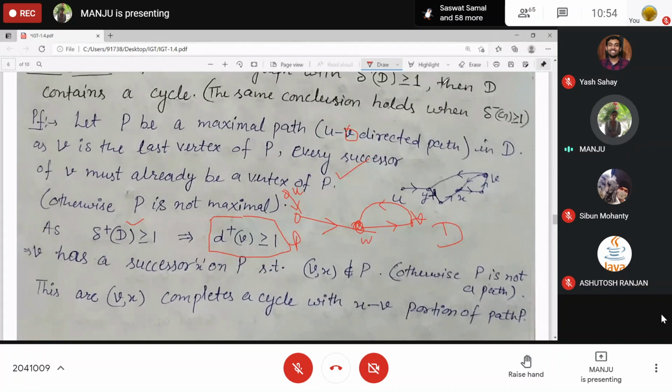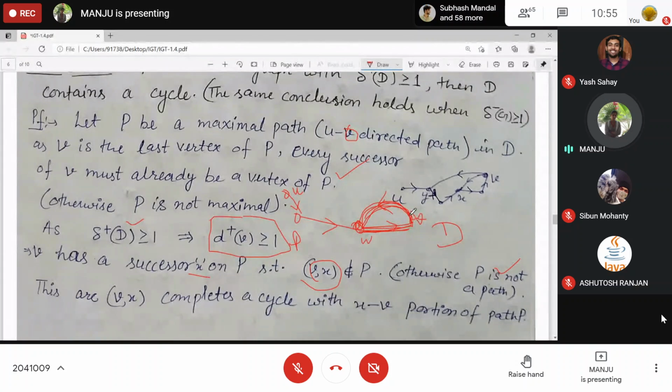Then you can take this portion of the path and this arc that was present in D. So V has a successor, in our case this is W, and in their case it is X, on P, so that Vx, this X, V2W, is not part of the path. Otherwise P is not a path because of repetition of W or X.